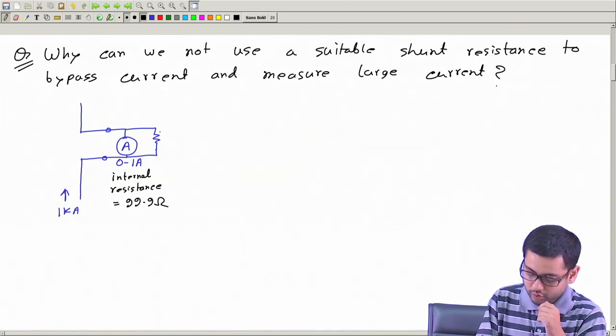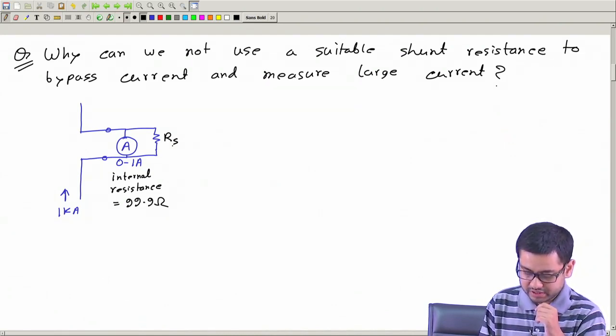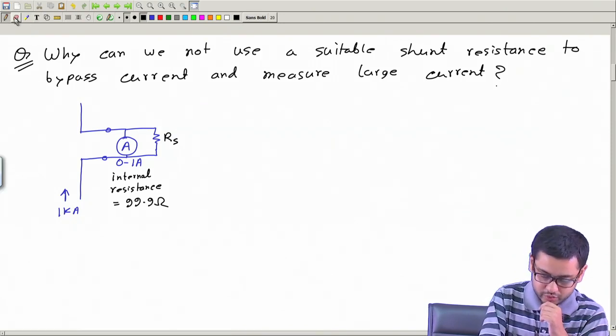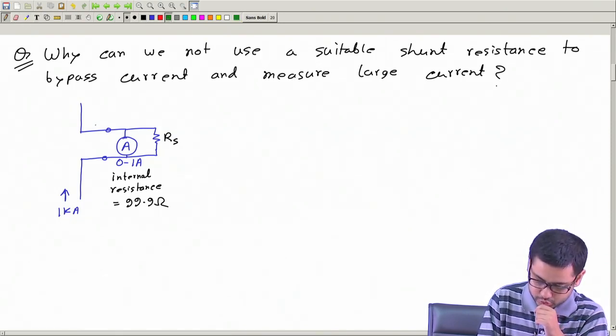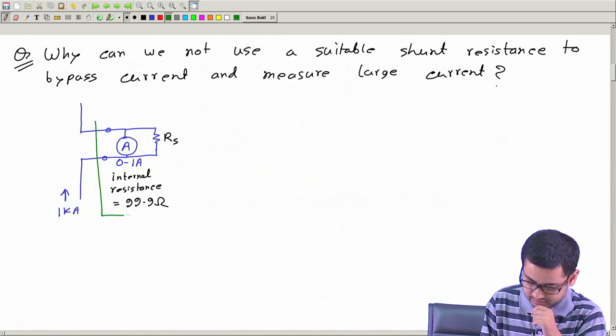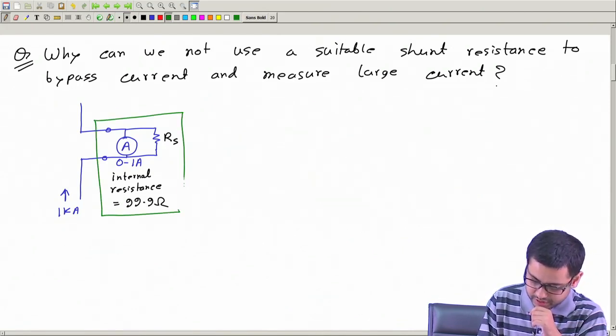Now, let us ask what should be the value of Rs, so that we can measure 1 kiloampere with this arrangement. Okay. So, now here these two together form the measuring instrument.